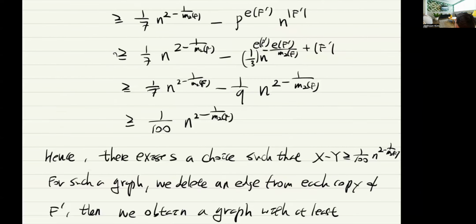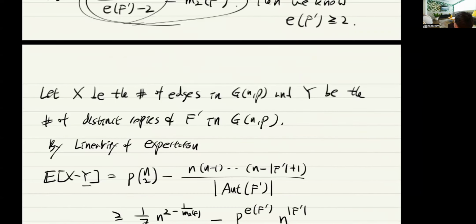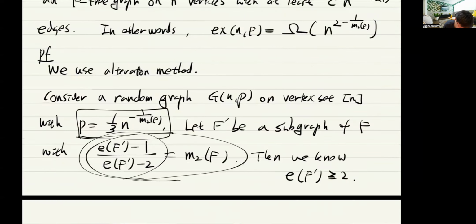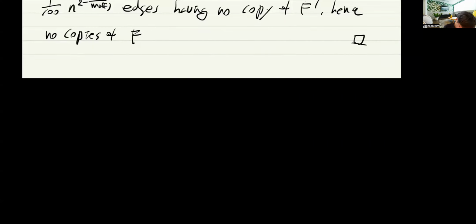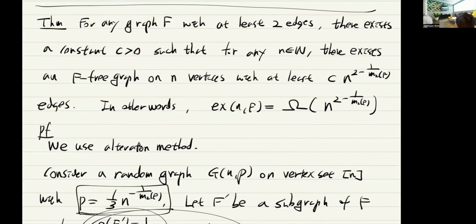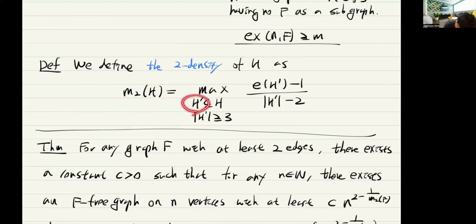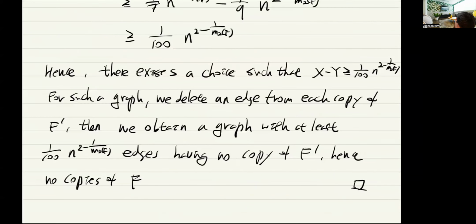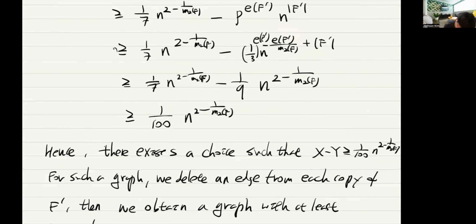For large n, this c being 1/100 is enough. For small n, maybe you have to take the c smaller, but this gives you what you want. You might be wondering why we take this subgraph instead of the entire graph. One of the reasons is that considering this subgraph gives you a better constant, better exponent.